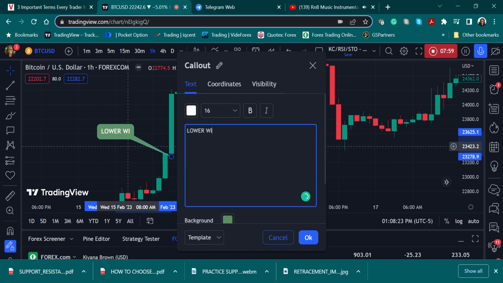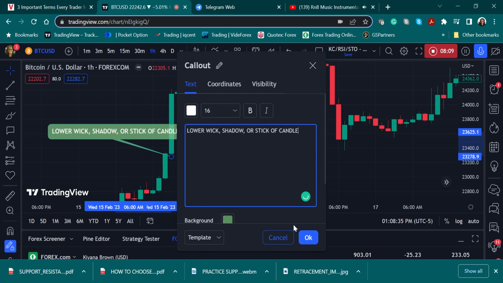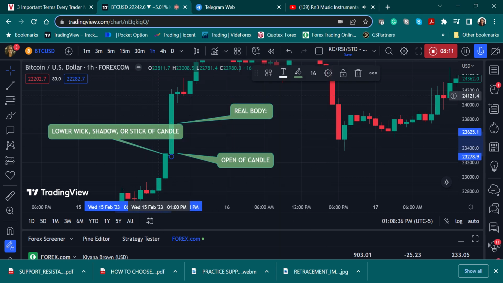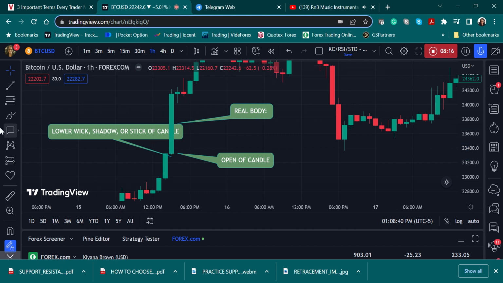Lower wick, shadow, or stick of candle. And you have the close, which is here.